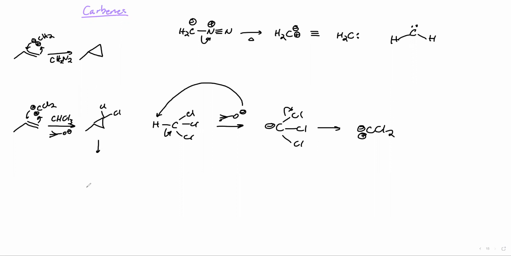If one of these chlorines were to leave, you can form this cation here. It looks bad, but chlorine stabilizes this cation with resonance, so it is a stabilized cation, and this allows you to do some pretty crazy things.